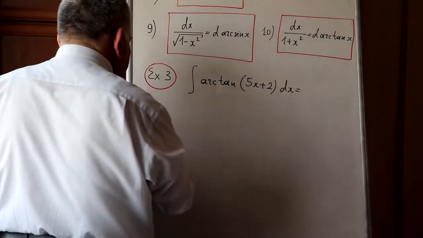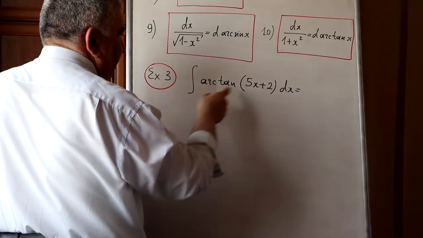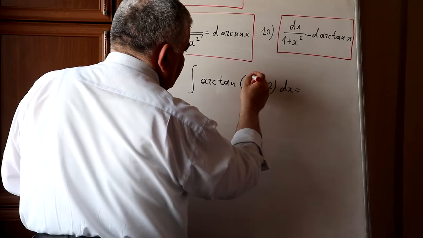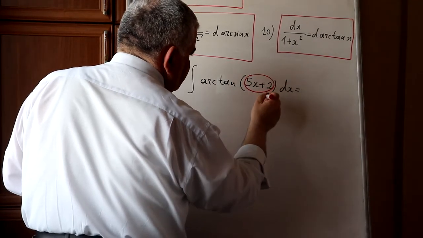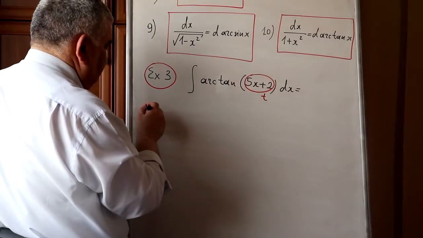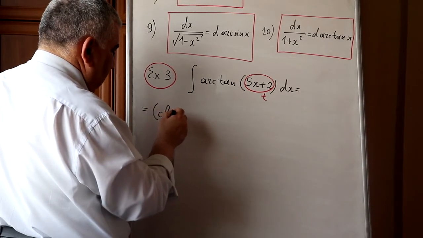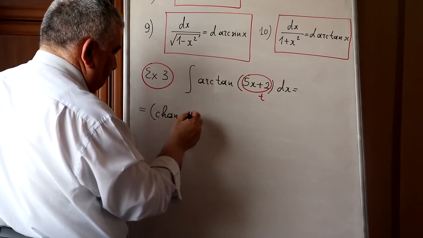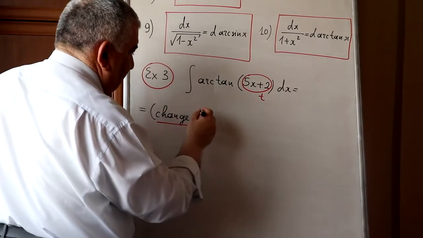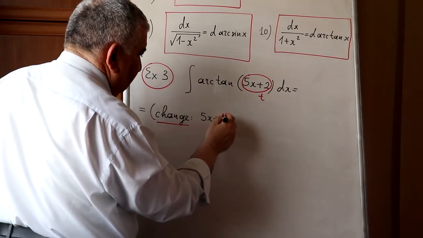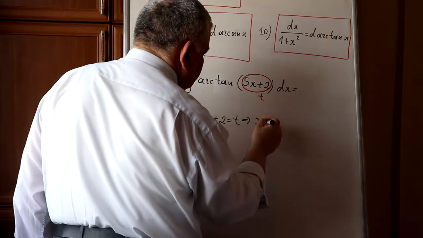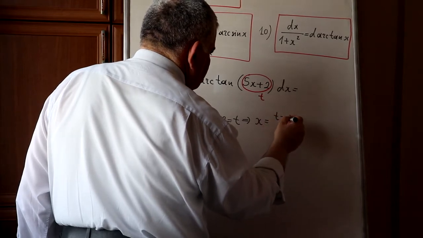First change the argument of arctangent by a new variable t. Let 5x plus 2 be t. Then x is t minus 2 over 5.